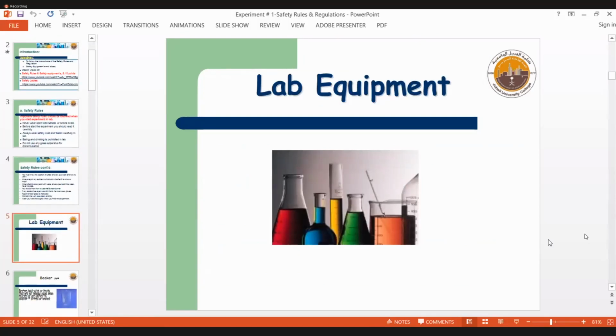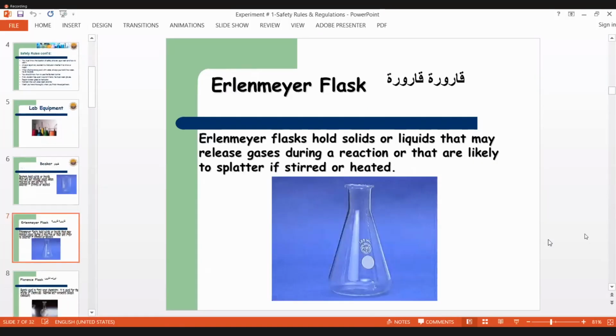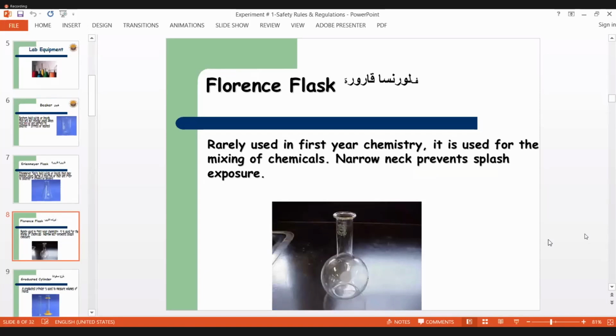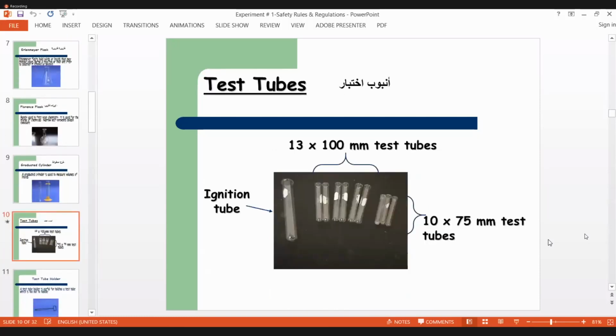Now this is all about the equipment, what equipment you will use in the lab. Number one, beaker, Fanjan. This is the Erlenmeyer flask, Karura. This is the Florence flask. It has a neck that is long and short. Florence, Karura. These are the graduated cylinders to measure the volume.